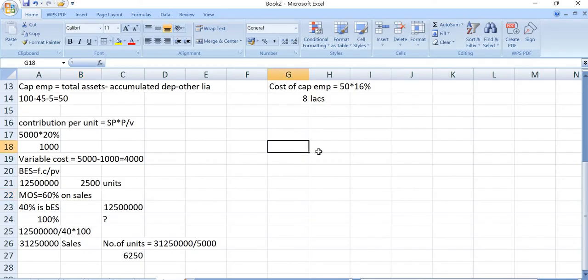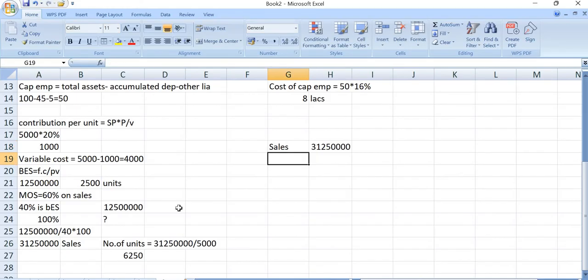So now, sales we have 3 crore 12 lakh 50,000. Now I want to reduce variable cost. Variable cost I have already calculated as 4,000 per unit. So 4,000 into number of units is 2,500.